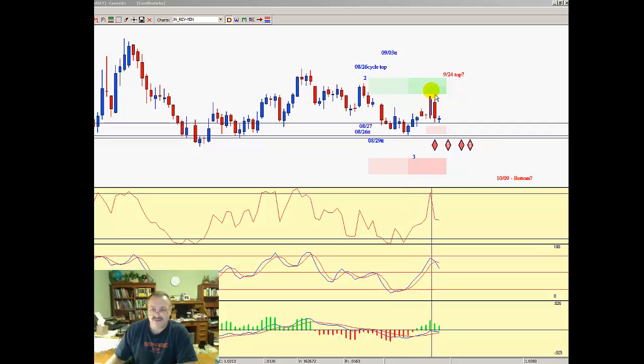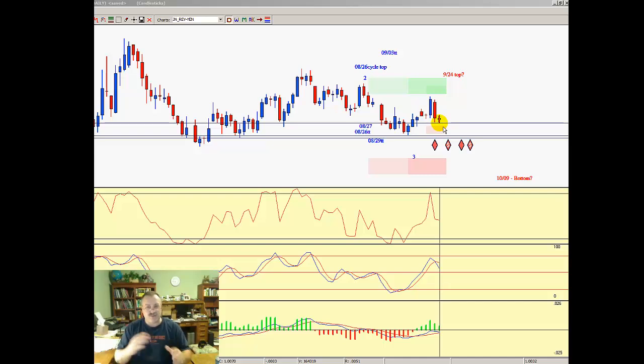And then prices rose up here to September 18th, which was last Wednesday, and then it has moved down into Friday, which was just last Friday. Now, right now it is currently sitting at a support level.